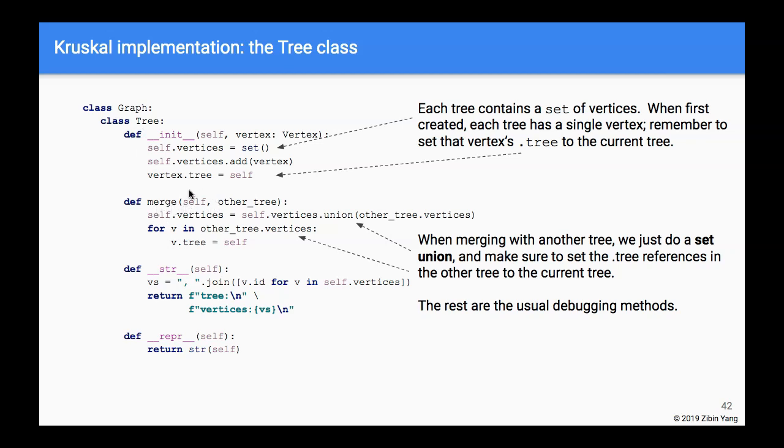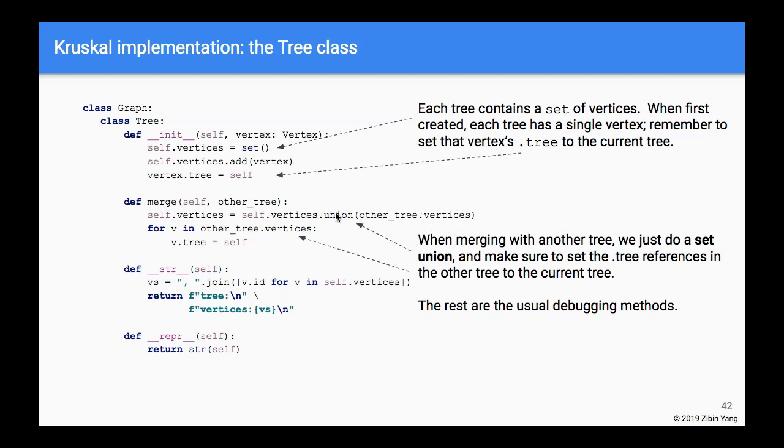So that's the initializer. And the only other significant operation we have to support for tree is the merge operation, where we are merging the self tree with another tree. If you look at the two trees, all they contain are a set of vertices, right? So when we want to merge the two trees, we are basically building a union of the vertices in the self tree with the vertices in the other tree.